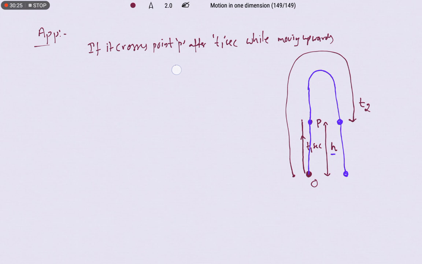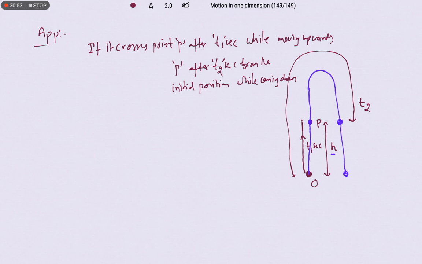Next, it crosses point P after t2 seconds from the initial position, while coming down.